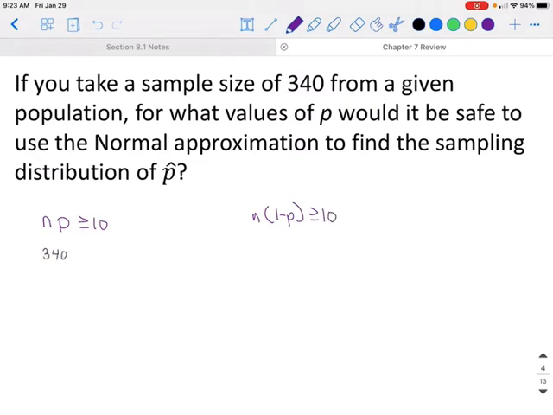Since we know that there are 340 people in the sample, we know 340 times p must be greater than or equal to 10. And we know 340 times 1 minus p must be greater than or equal to 10.